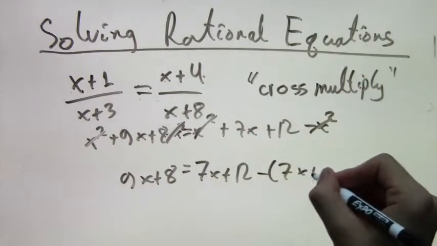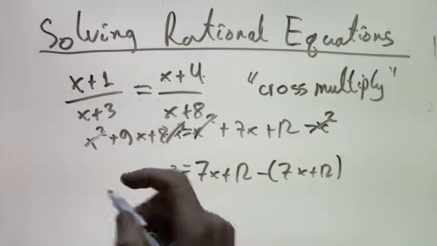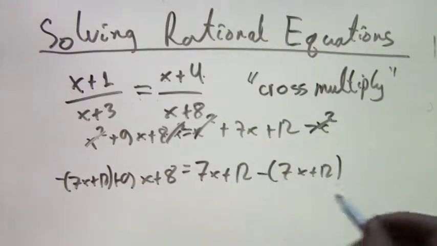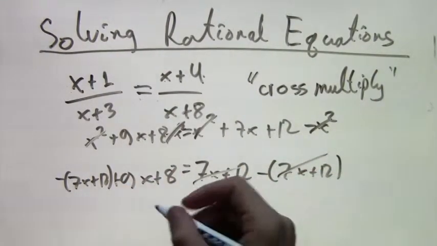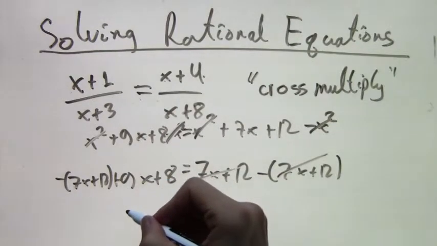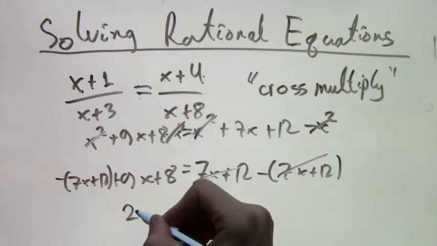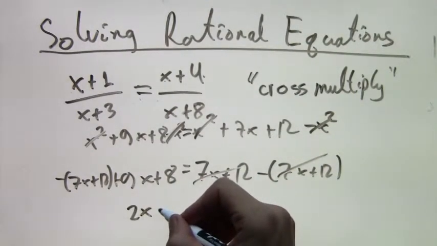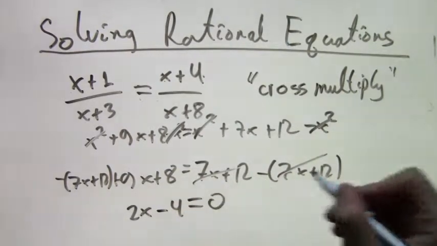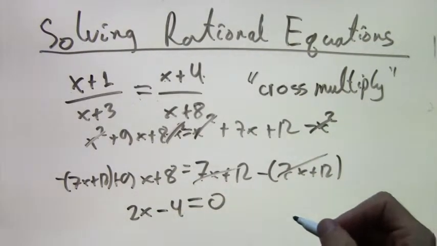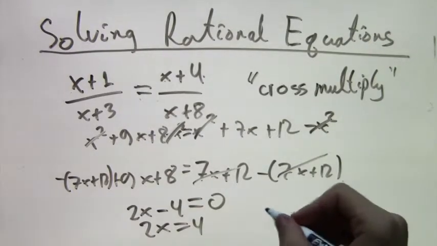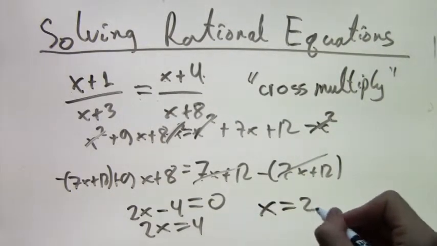So minus 7x plus 12, I'm just going to move everything to one side. So we get 2x minus 4 equals 0, which is the same as 2x equals 4, which means that x equals 2. And that is our answer.